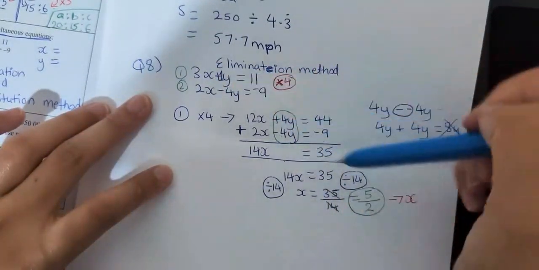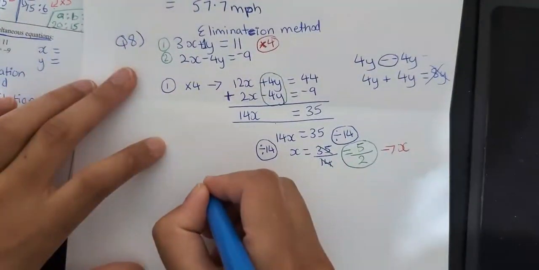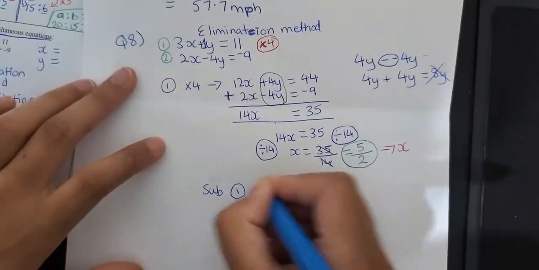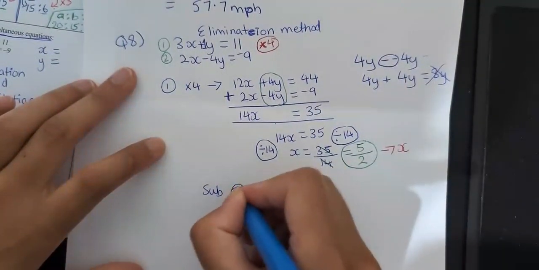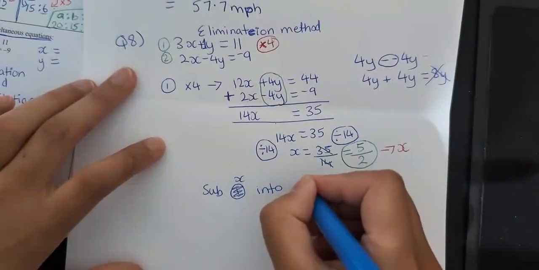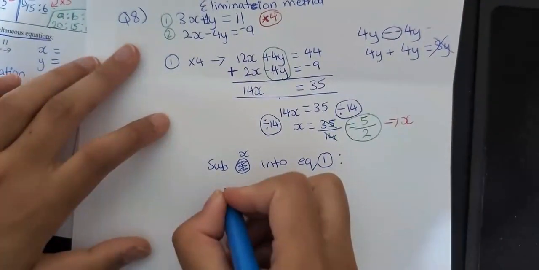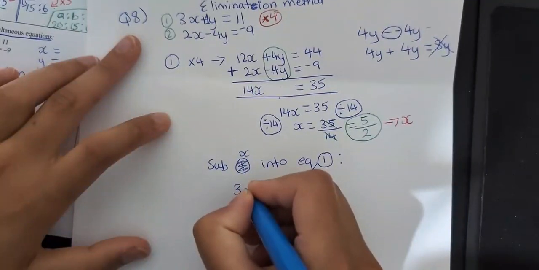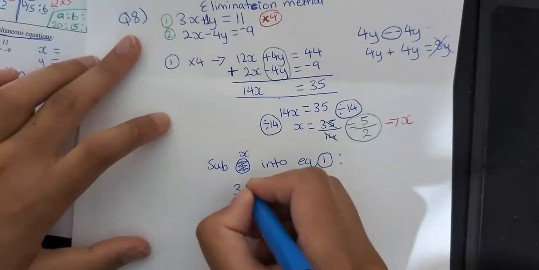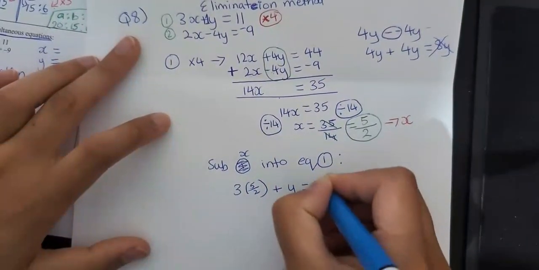So I'm going to substitute x into equation 1. I'm just going to write EQ for 1, okay? And when we actually do that, we are left with 3 times x, which is 5 over 2. Plus y equals 11.